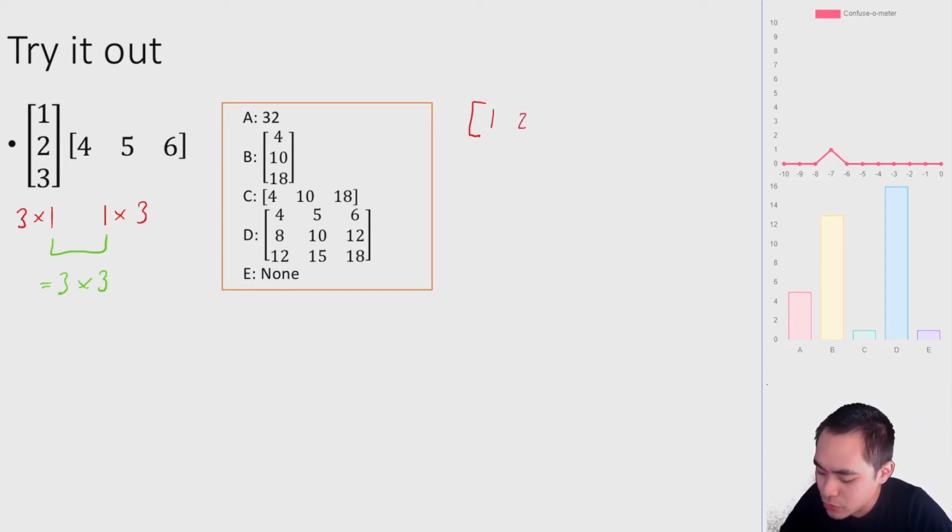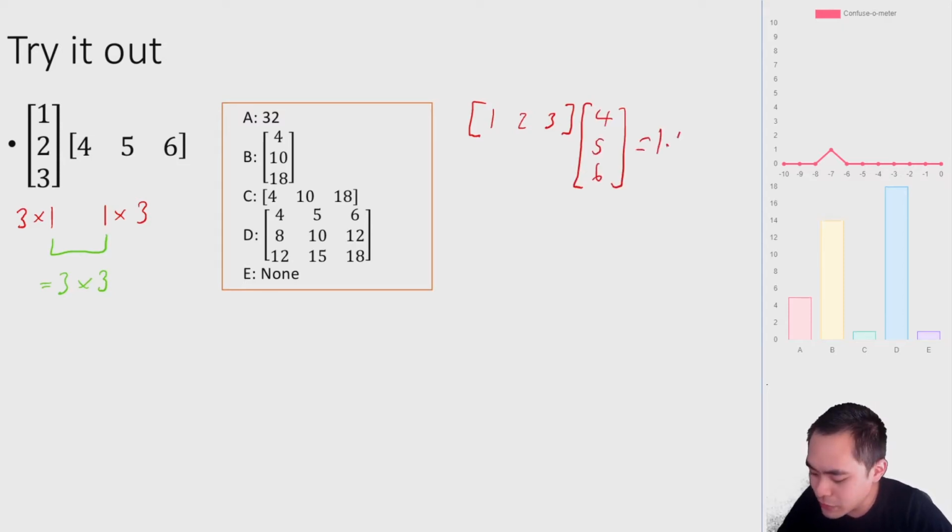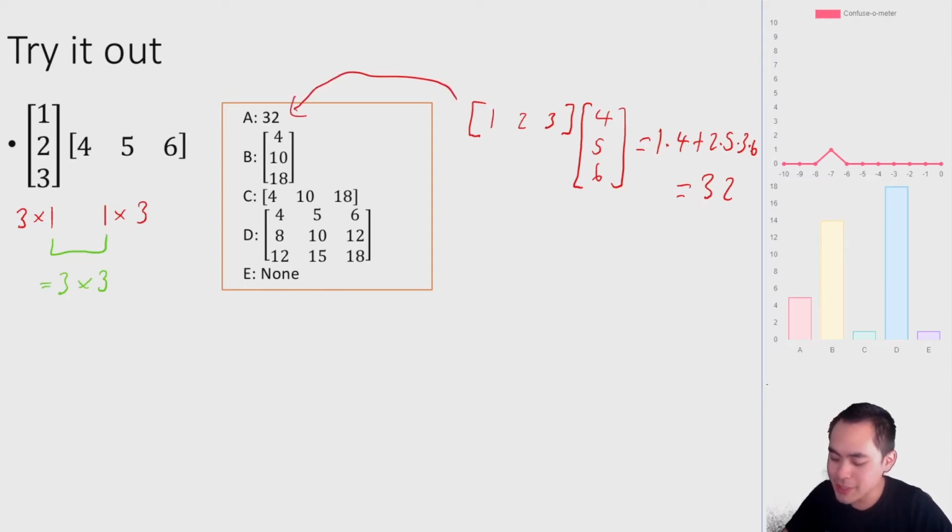Because if you took 1, 2, 3 times 4, 5, 6, that would equal 1 times 4 plus 2 times 5 plus 3 times 6, which is 4 plus 10 is 14, plus 18 is 32. So that would be this one, but this is actually different because each of the matrices is transposed, and you end up getting a very, very different answer. So the correct answer here is actually D.